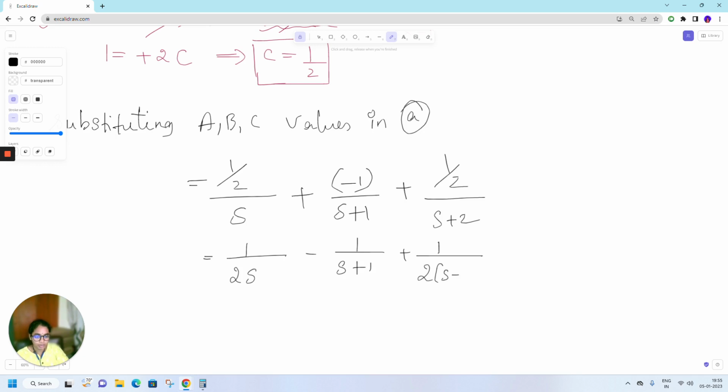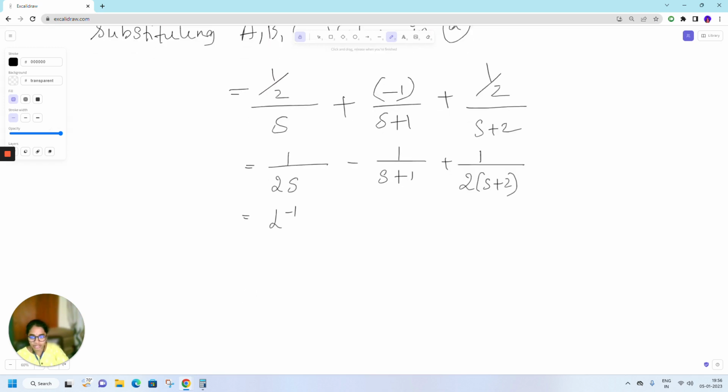2 into S plus 2. Now what should I do? I'll apply Laplace inverse. In the LHS, what did I have? I had S into S plus 1 into S plus 2, right? From equation A, S into S plus 1 into S plus 2. Now, what is my Laplace inverse?